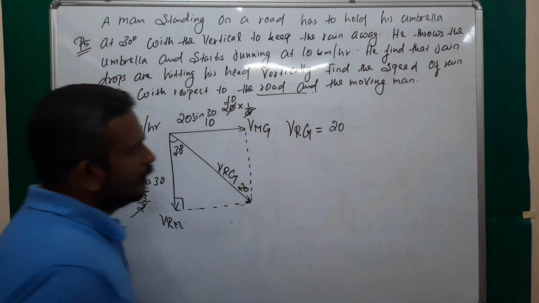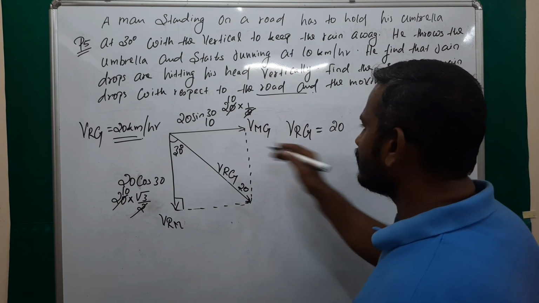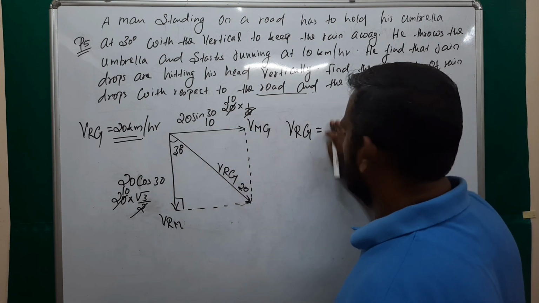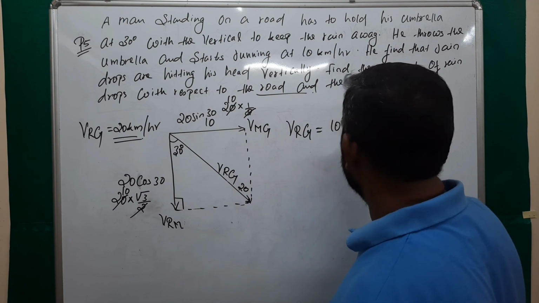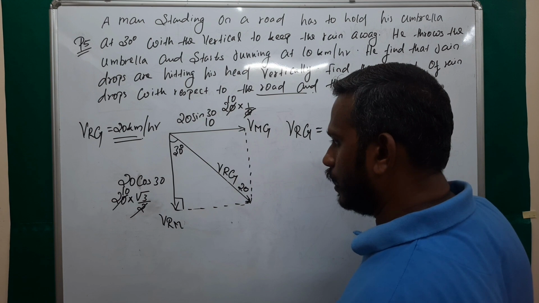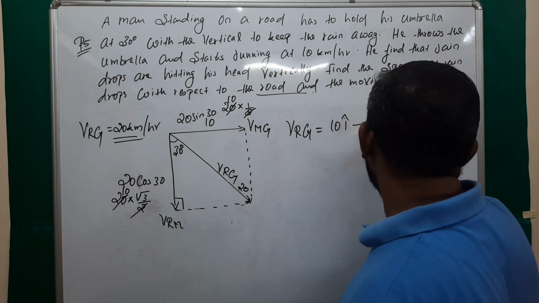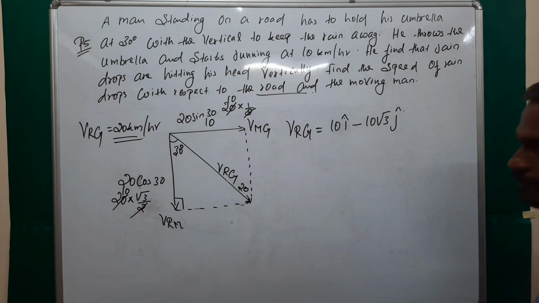So we can write Vrg is equal to 10 i cap minus 10 root 3 j cap.